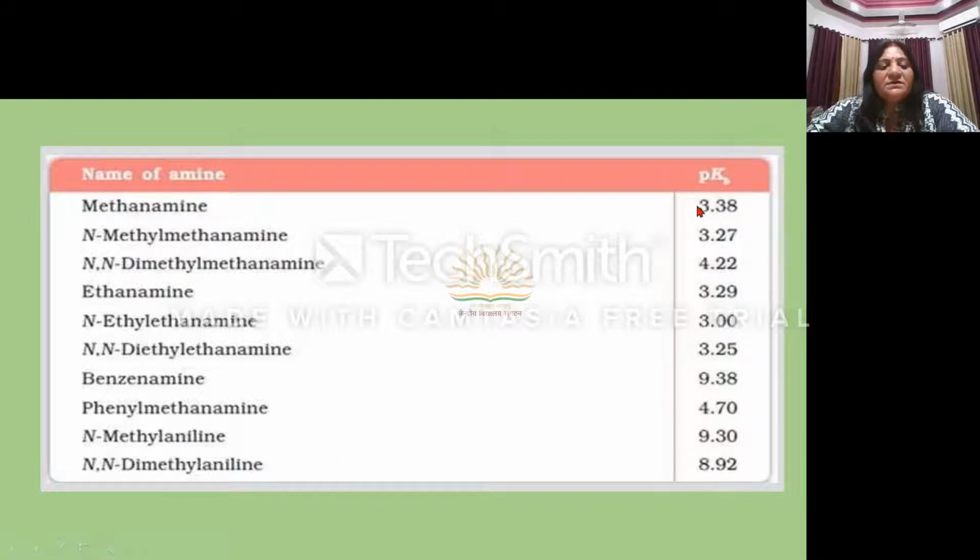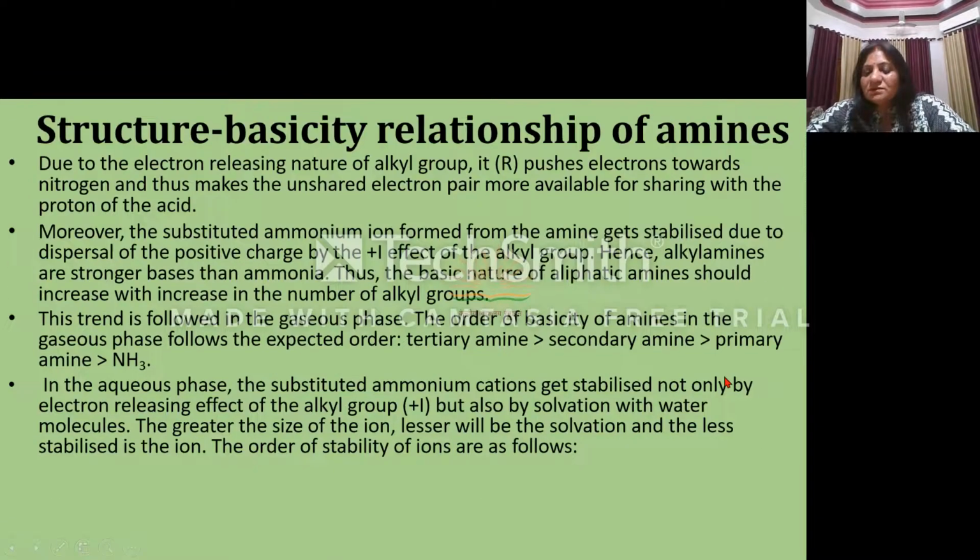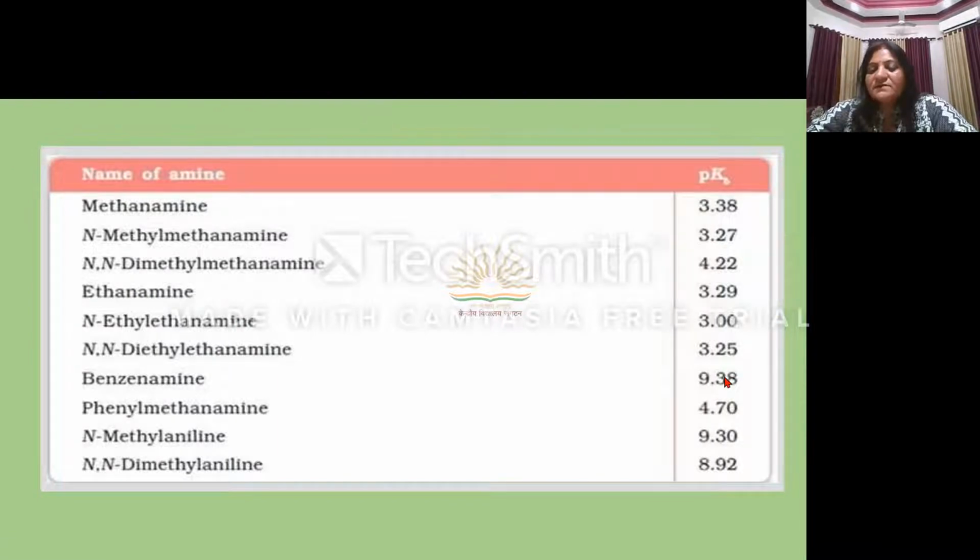Methanamine 3.38, N-methylmethanamine 3.27, N,N-dimethylmethanamine 4.22, ethanamine 3.29, and so on. The highest pKb value is of benzenamine, that is aniline, C6H5NH2, 9.38. So it is the weaker base.